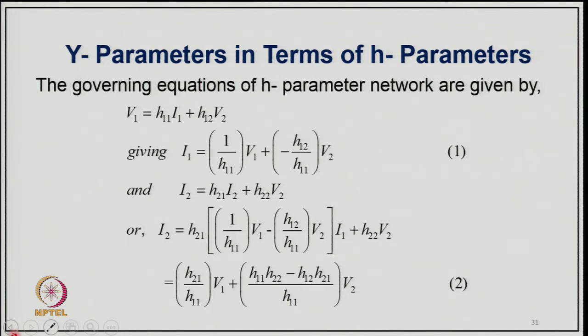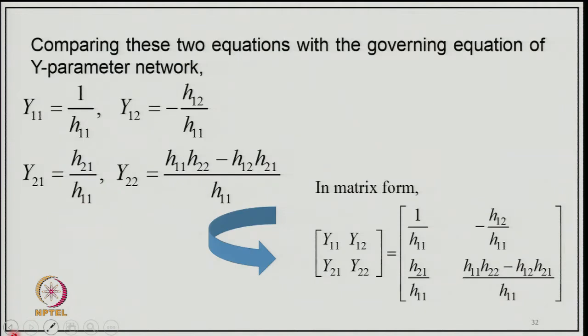Finally, I2 = H21/H11 V1 + (H11 H22 - H12 H21)/H11 V2, and from this we can write y11 = 1/H11, y12 = -H12/H11, y21 = H21/H11 and y22 = (H11 H22 - H12 H21)/H11.